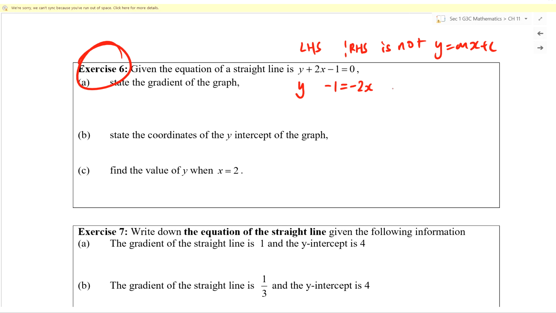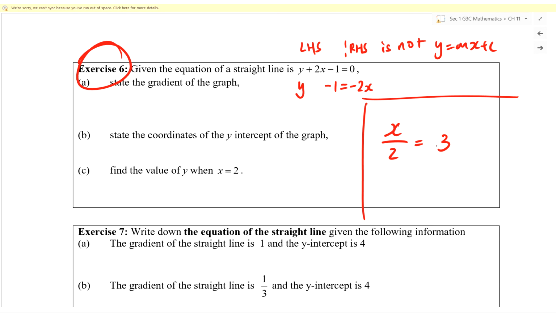Very easy to remember also. But do you know why? You have to know why. And this is the reason why: because we are subtracting 2x on both sides. One reason why I don't like to say you bring to the other side, then you change the sign, is because, to give you another example, x over 2 equals 3. You bring the 2 to the other side, then what does that mean?